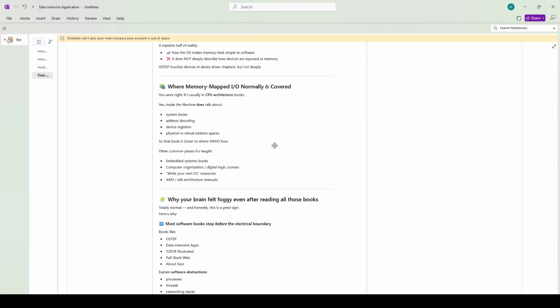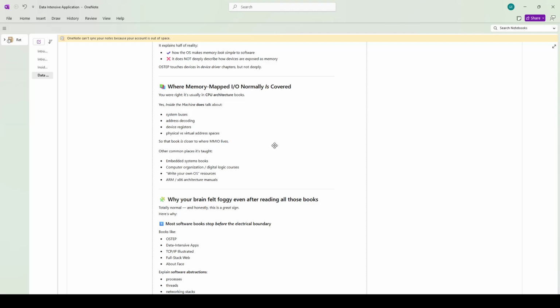Inside the Machine talks about system buses, address decoding, device registers, and physical versus virtual address spaces. So that book is closer to where MMIO lives. Other common places it's taught are embedded systems books, computer organization or digital logic courses, write-your-own-OS resources, and ARM or x86 architecture manuals.